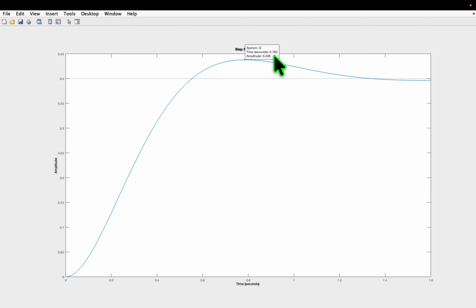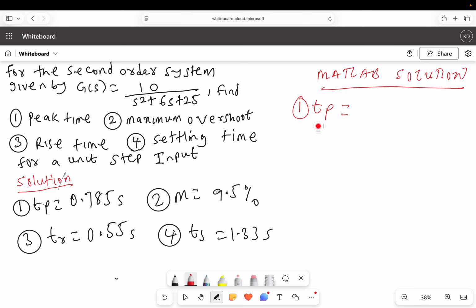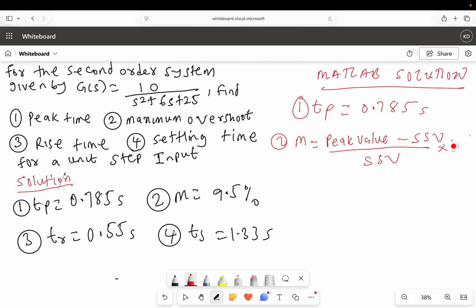So let us go back to our whiteboard. So we have seen from the MATLAB response that our peak time is 0.785 seconds. So using the data from our response, let us compute the maximum overshoot. So it is just the peak value minus the steady state value all over the steady state value times 100%.